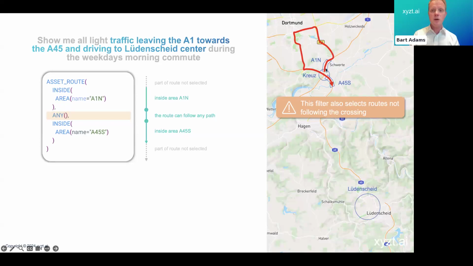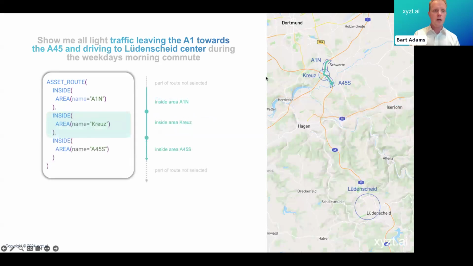We really want to see the traffic coming from the north side driving to the south side, because that's what the analyst is analyzing. So basically to solve this, I can restrict my query and change the any to the inside this circle. And Kreuz means crossing in German, because this is a German use case.